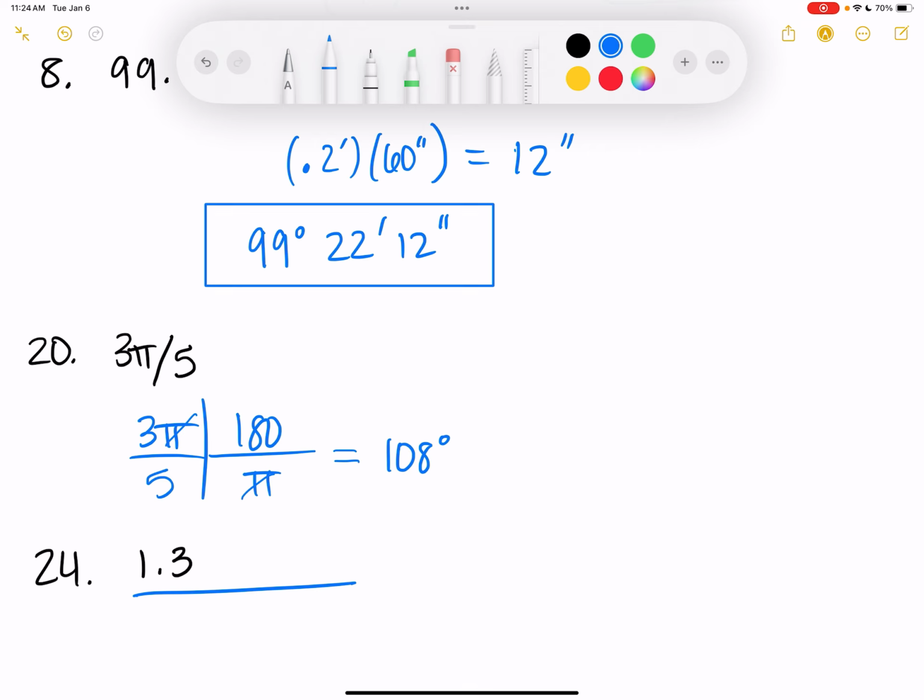So, same thing, though. We end up with our times 180 over pi. Now, you just can't cancel the pi's, so you'd have to multiply that out that way. Somebody tell me what that one is. 74.